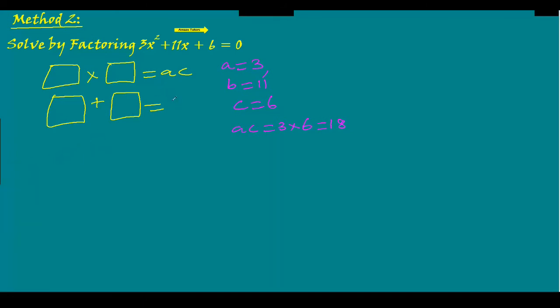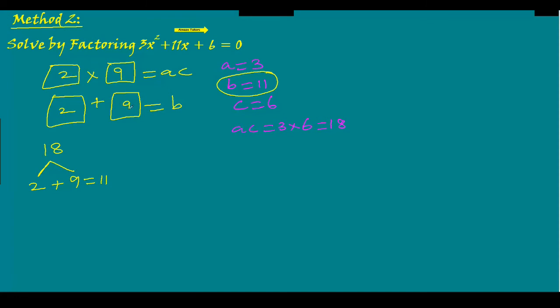Now this should be B. The two numbers whose sum is B and whose product is 18 should give us 11, because the B value is 11. Obviously, 2 nines are 18 when you multiply, and when you add it is giving us 11. So the two numbers to be considered are 2 and 9.